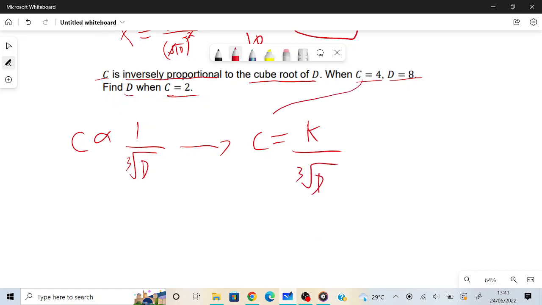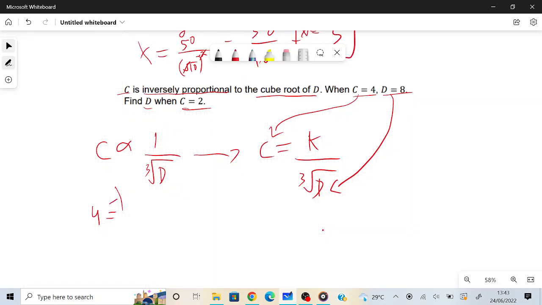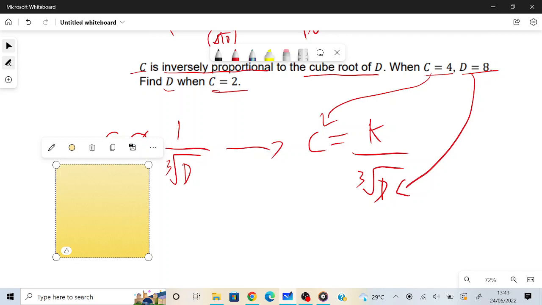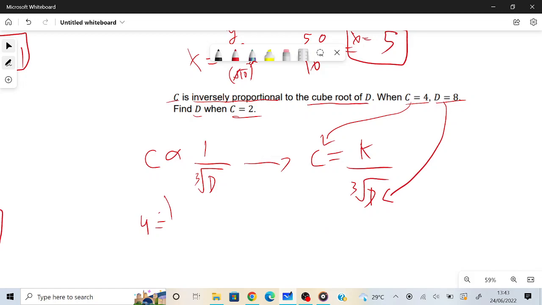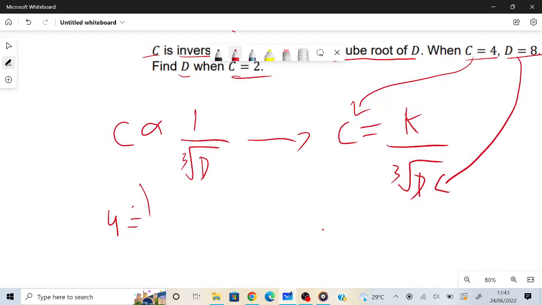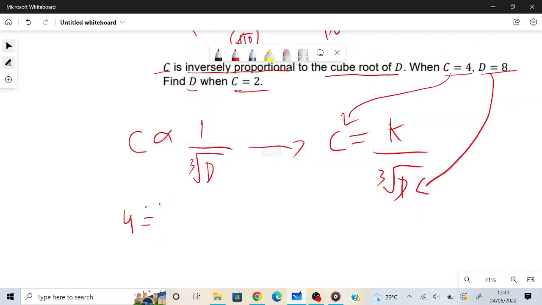Substituting our values of c and d, we know this is something like 4 equals k over the cube root of 8, which is 2, and upon cross multiplication you will see that your k is equal to 8.